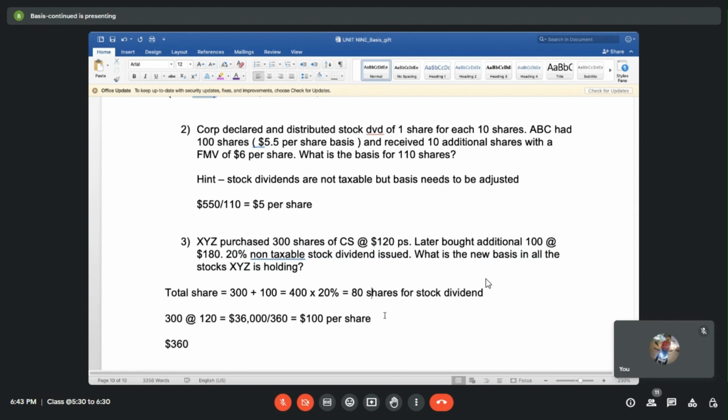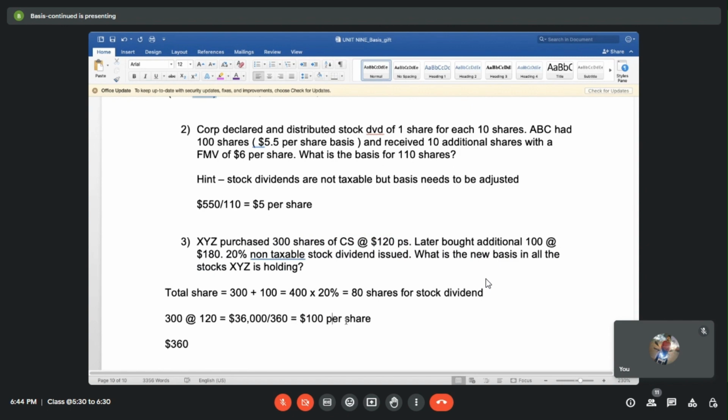So 36,000 was the basis for this transaction, and now these 300 shares are becoming 360 shares. So the basis of these original shares became 100 per share.